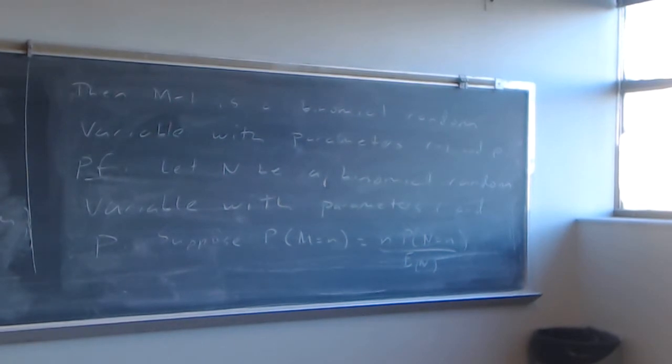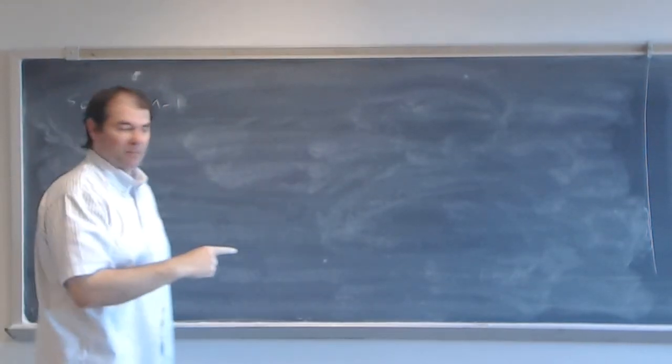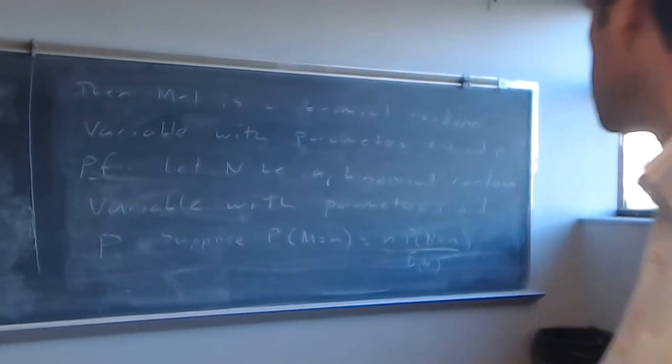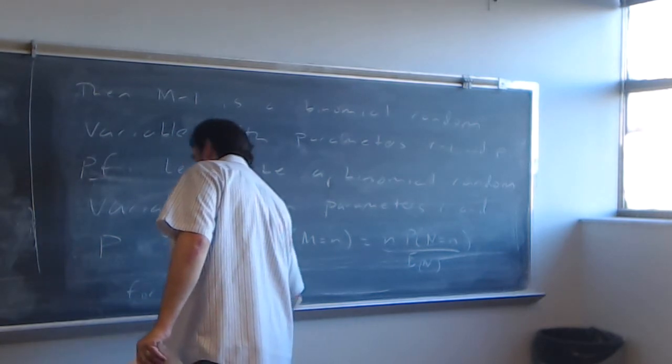Okay, so we want to show m minus 1 is binomial. So we need to show that its PMF has the right form. Remember that probability that I just wrote, that was true for n equals 1, 2, 3, and so forth.